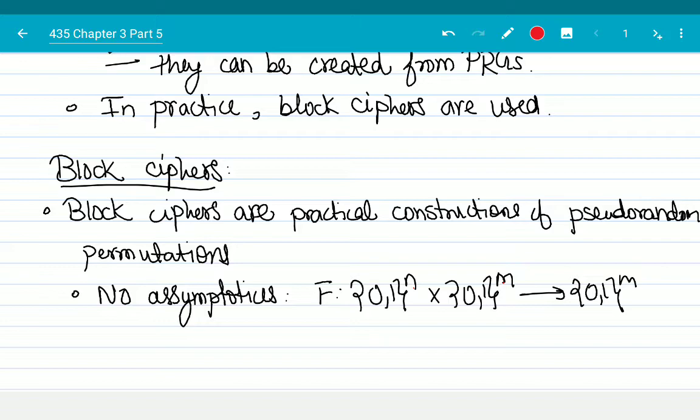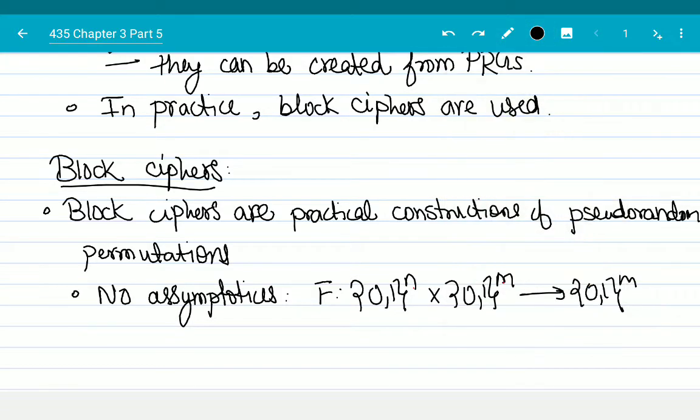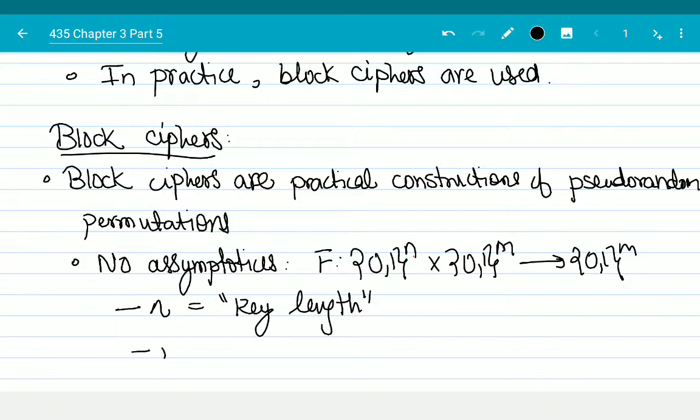For block ciphers, the first one and the second one can be technically independent, where n is actually your key length, m is your block length.